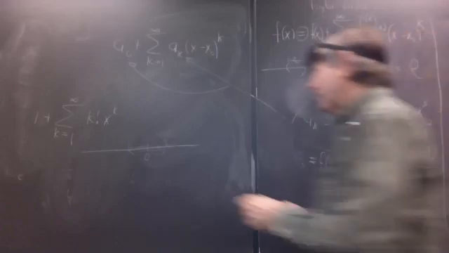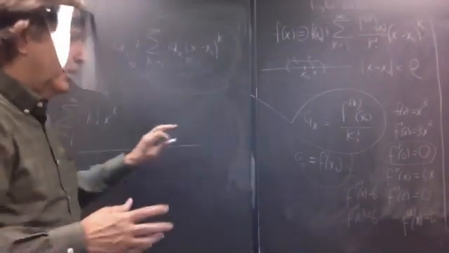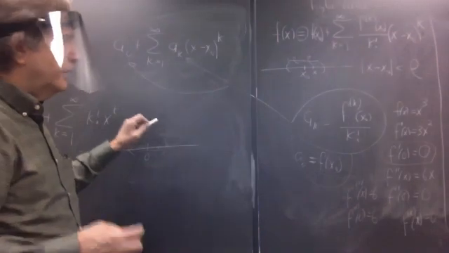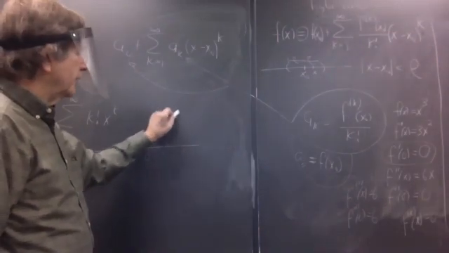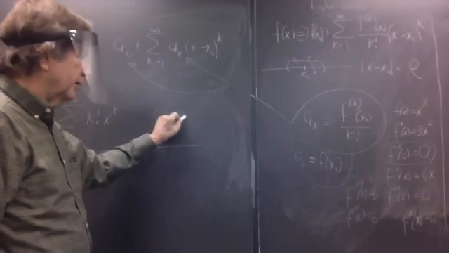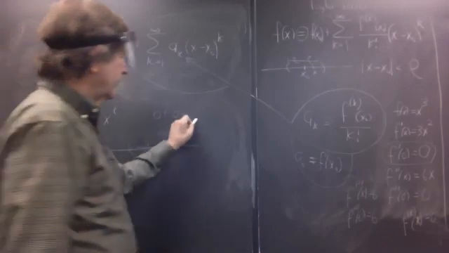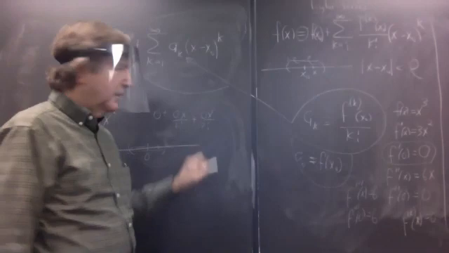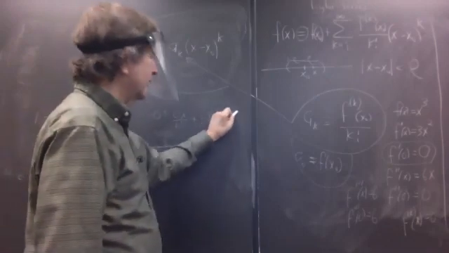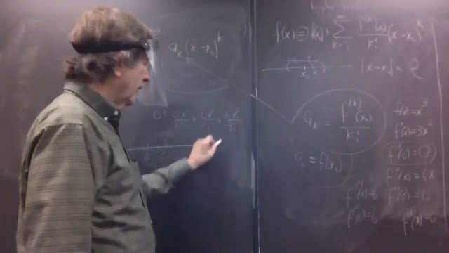So if I make up my power series from these things, f of 0 is 0, f prime of 0 is 0 times x over 1 factorial, f double prime is 0 times x squared over 2 factorial, f triple prime is 6 x cubed over 3 factorial, and all the rest of them are 0.